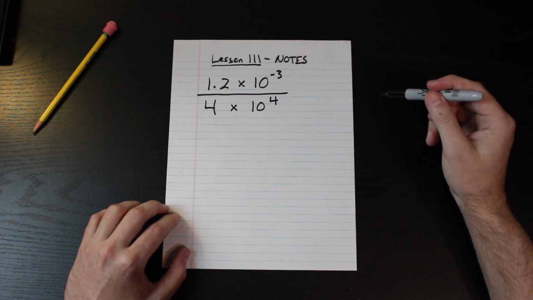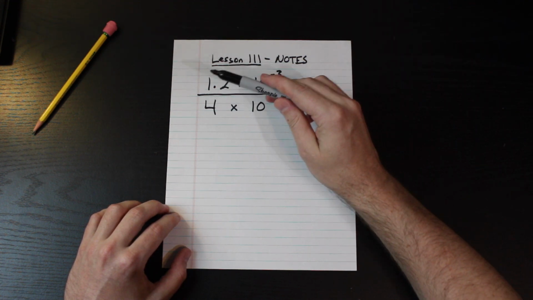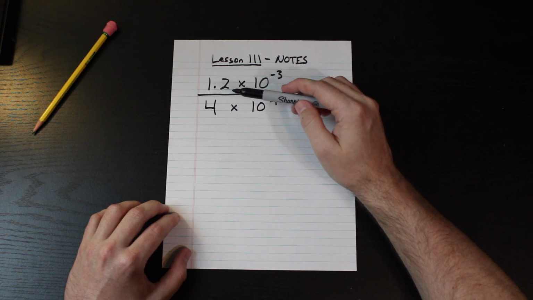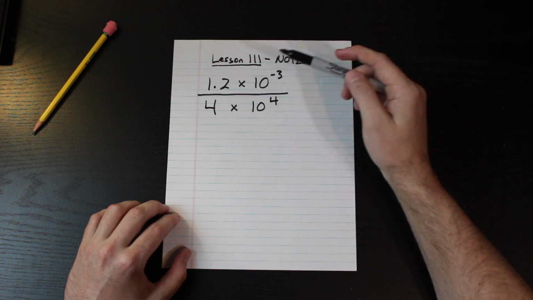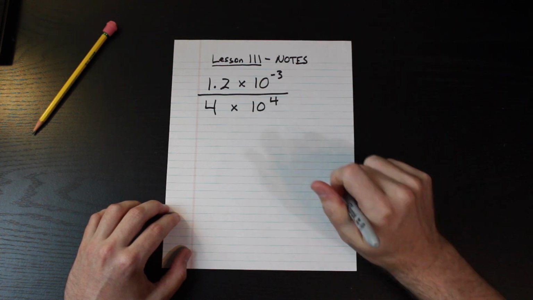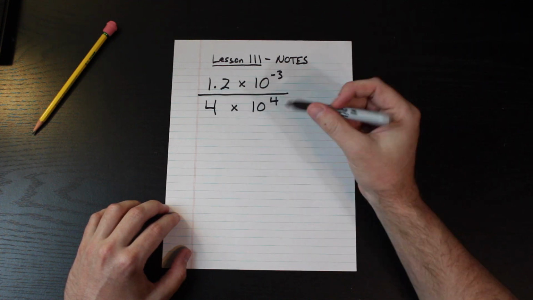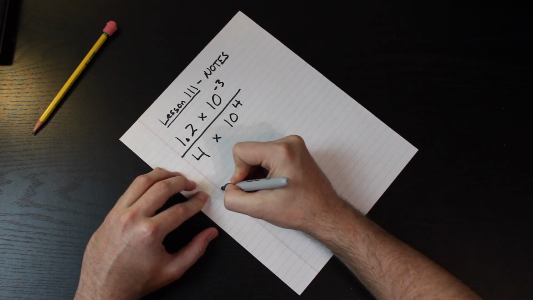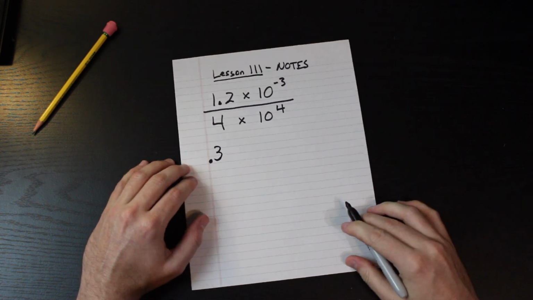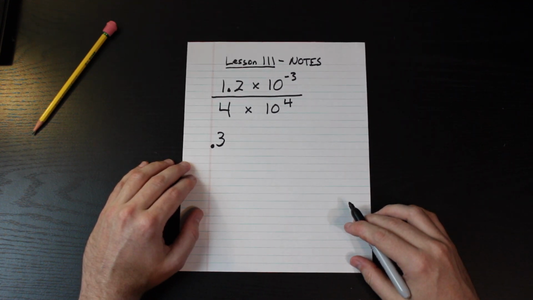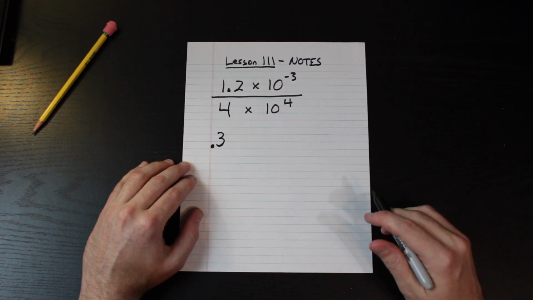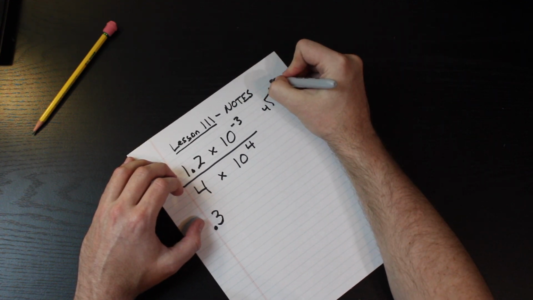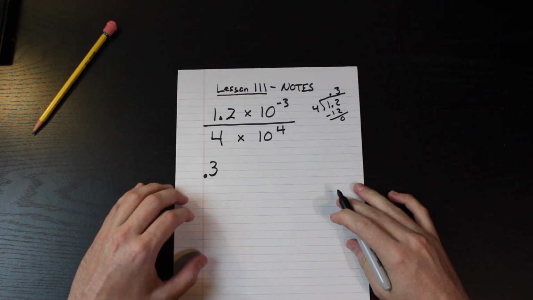I found that if I think about 1.2 times 10, which is 12, that would easily be divisible by 4. The answer would be 3. But since 1.2 is 1/10 as large as 12, the answer would have to be 1/10 as large as 3, which means it would be 0.3. If that's not easy for you to do in your head, write it out as a division problem. 1.2 divided by 4 is 0.3.